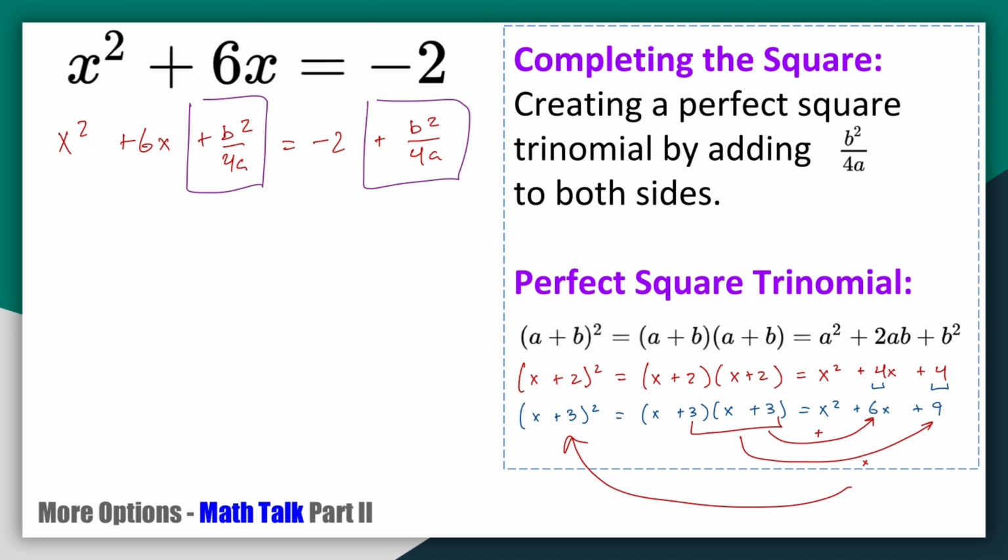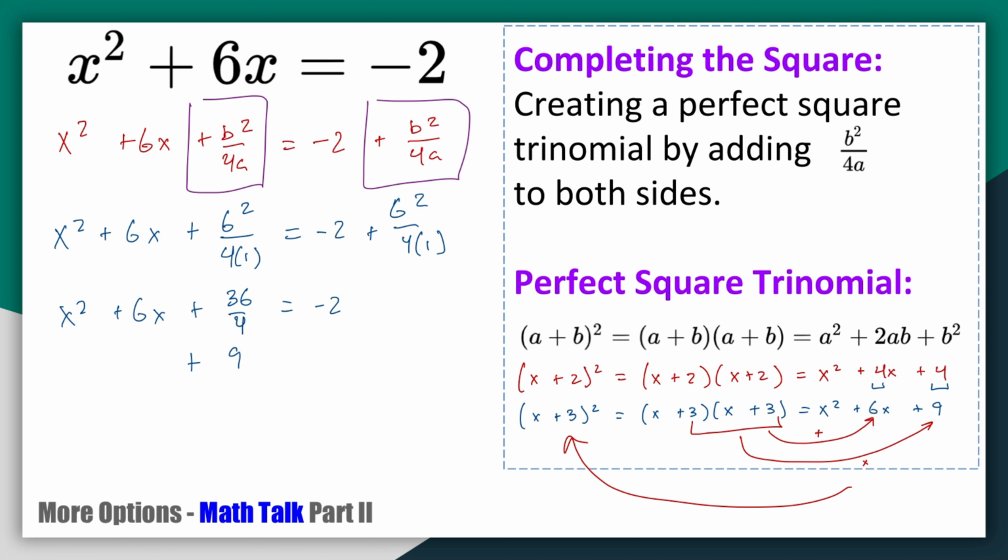So let's fill it in with the answer. b would be 6, a would be 1, so this would be x squared plus 6x plus 6 squared over 4 times 1. And that would be the same exact thing over here. When we simplify this, x squared plus 6x plus 36 over 4, or really just plus 9. So let's put that over here. It's just a plus 9.